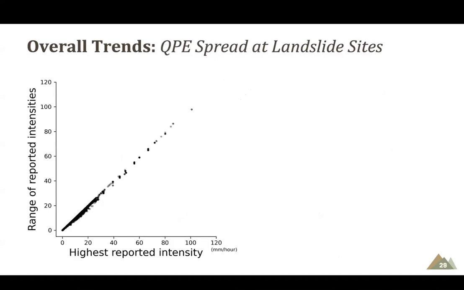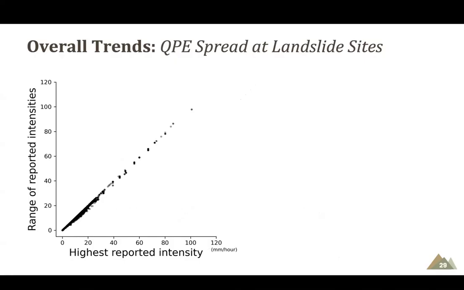The other kind of overall trend or pattern that I want to talk about is this idea of spread. This plot is showing on the x-axis the highest reported intensity at a given hour at the landslide locations that I looked at. That's among all of the 13 different gridded QPEs that I looked at, which one is reporting the highest intensity, and what is that intensity for a given hour.